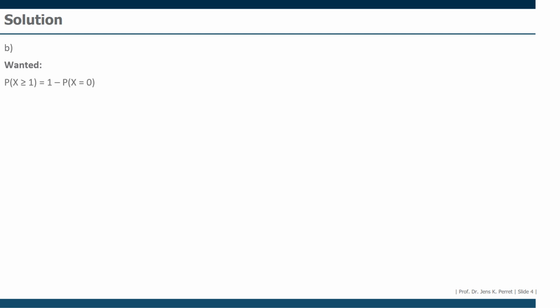Here we're looking for the probability that at least one of the lectures will be on statistics. Well, if we go with this, we would have to take one of the lectures, 2, 3, or 4. So we would have to calculate 4 probabilities. If, however, we use the counter probability, so 1 minus, and then we go with the logical opposite of larger or equal to, which would be smaller than.